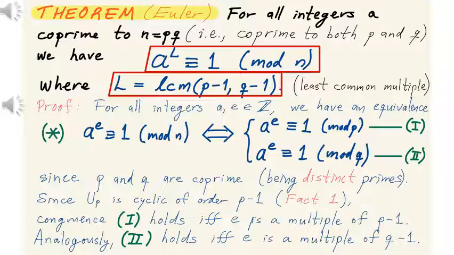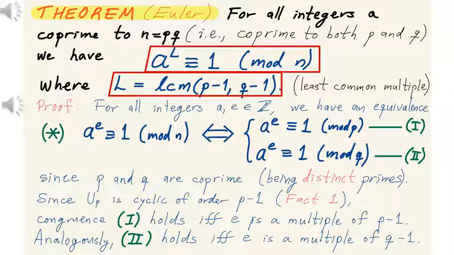what happens, how can you achieve that the integer raised to the L is necessarily congruent to 1 modulo n? So what this nifty little formula of Euler says is that, as a matter of fact, the optimal L here is the least common multiple of p minus 1 and q minus 1, where p and q are the prime factors of n.